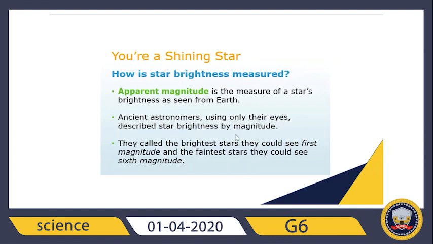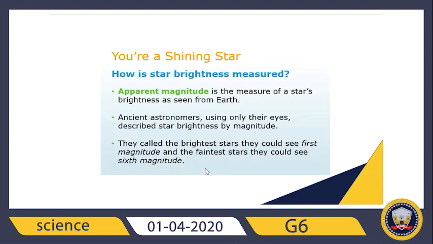By magnitude. They called the brightest stars that they could see first magnitude, and they gave the faintest stars they could see the sixth magnitude.